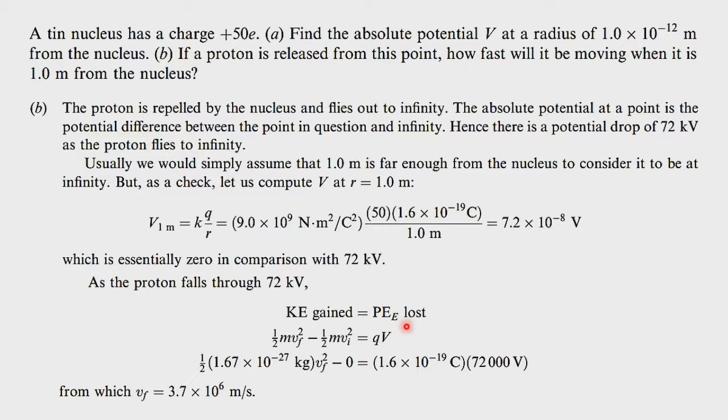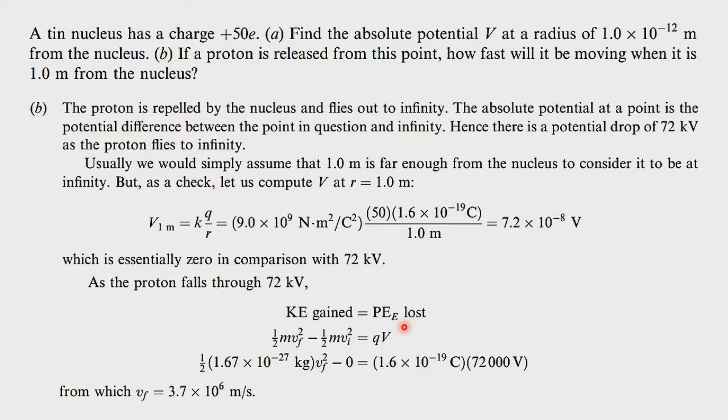If kinetic energy is gained, then we lose some potential energy, or vice versa. When we gain potential energy, we lose some kinetic energy. In the original calculation, potential energy is equal to mass times gravity times height.